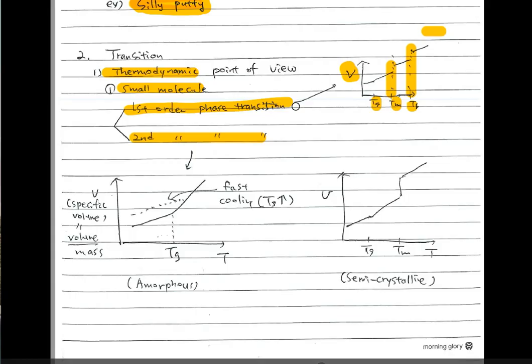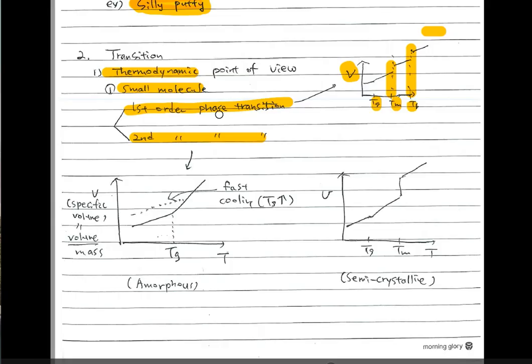And when we learned about phase transitions, we defined the first order phase transition as one where the first derivative of the chemical potential shows discontinuous behavior, such as volume, entropy, or enthalpy. Remember?